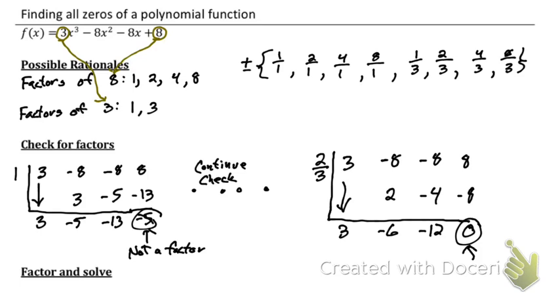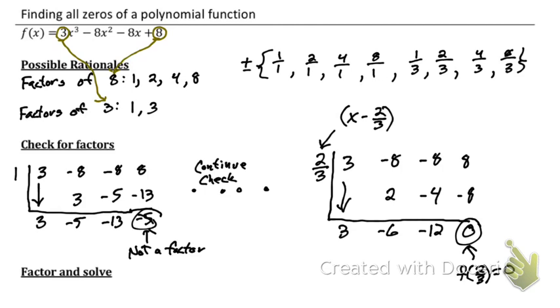All right. So in this case, this was f of x. So that means f of 2/3 equals 0. And 2/3 is really x minus 2/3.